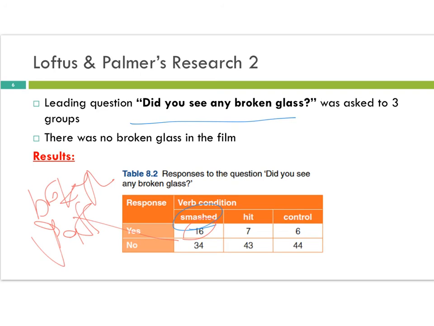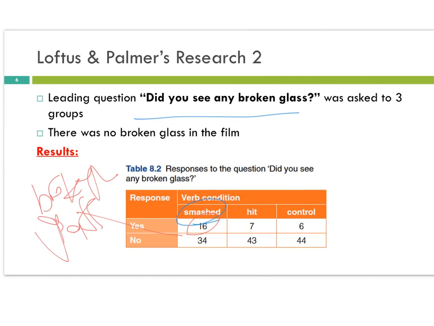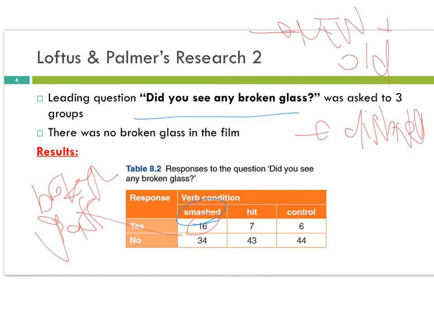That's what led to their perception of there being broken glass. So again, new information is being added into an older memory. When the memory is reconstructed, it is distorted because they don't know that the new information has been added in and has distorted their memory reconstruction.